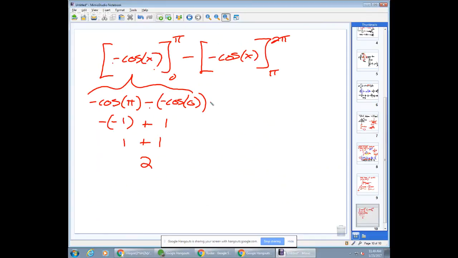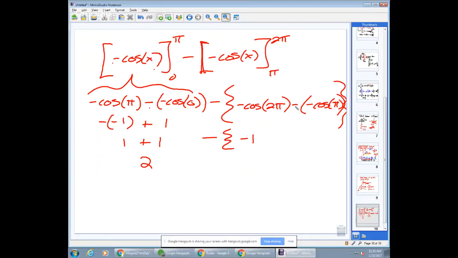So here I have minus, and instead of this bracket, I'm going to use a curly bracket. I've got the opposite of the cosine of 2 pi, minus, in parentheses, the opposite of the cosine of pi. Cosine of 2 pi is the same as cosine of 0, so I'm going to have a minus 1.